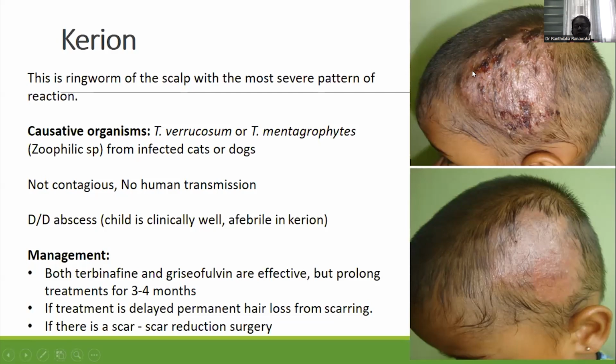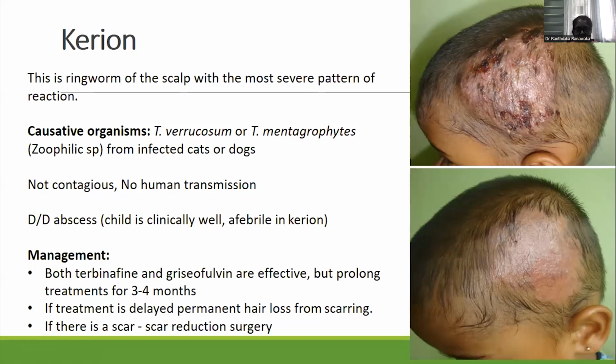So how do you differentiate abscess and kerion? If a child has a large abscess, they should be ill and with fever. But in kerion, they are not ill.